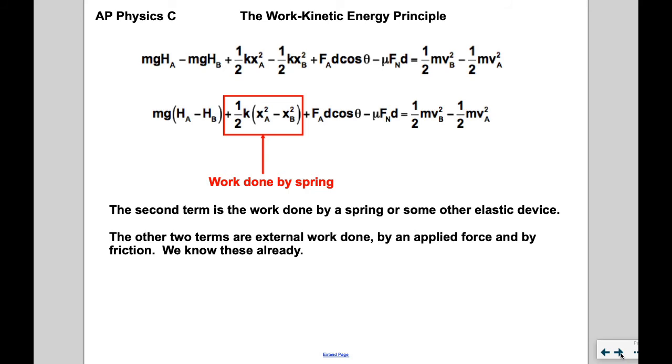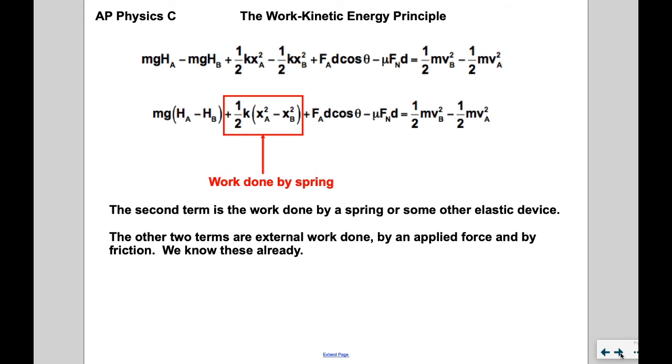implying that the spring sort of gave up some of its energy. So if the work done by the spring is positive, it's giving some of its energy to the surroundings.